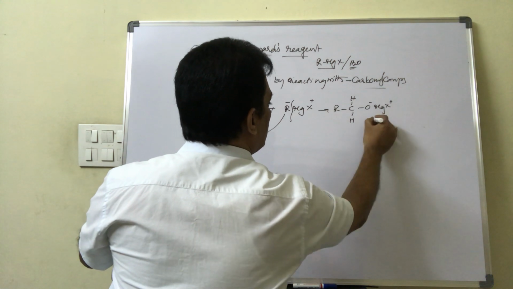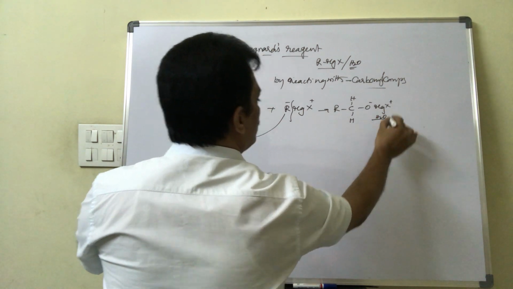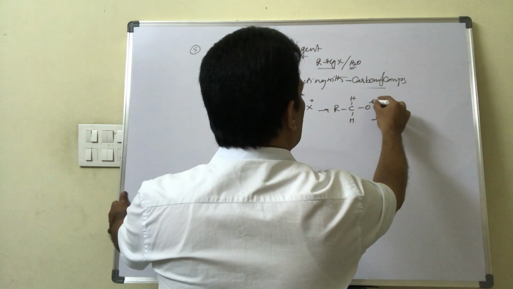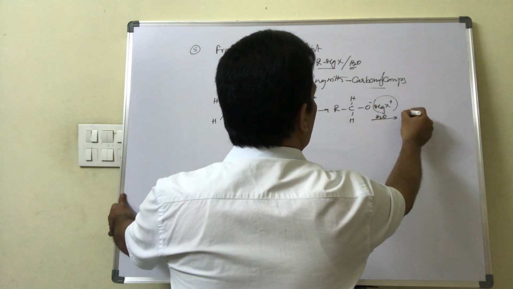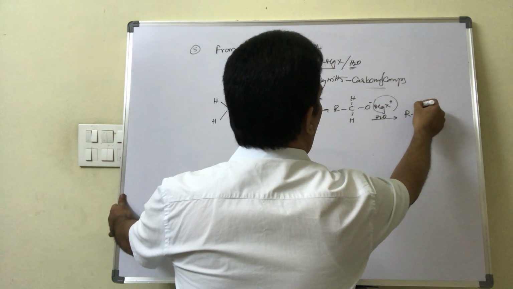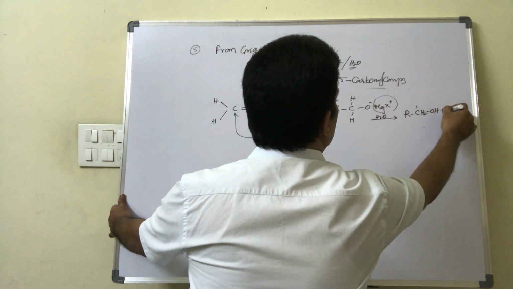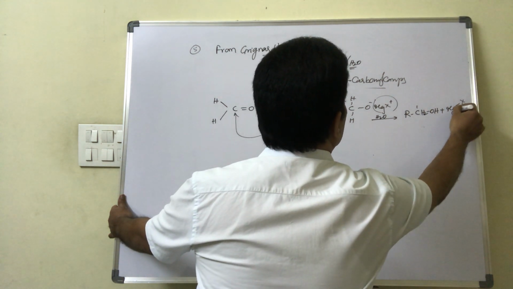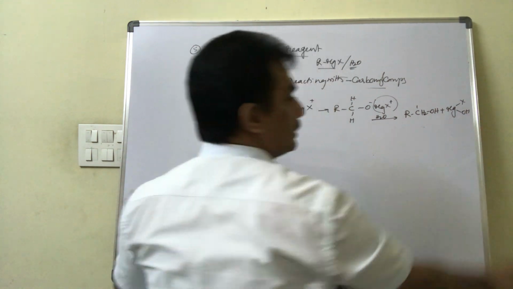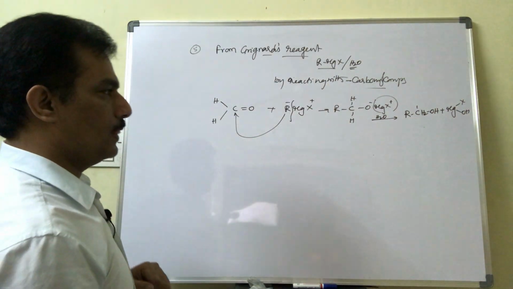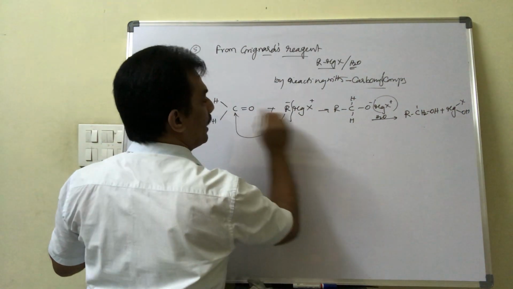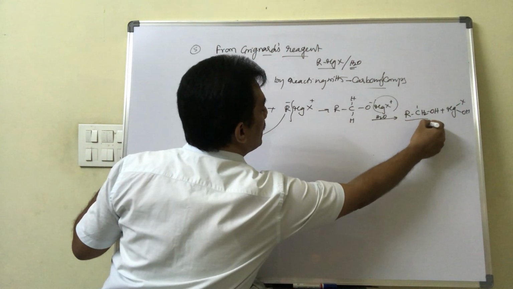And now when it is treated with H2O, this MgX is replaced by H plus like this, RCH2OH plus MgX(OH). Are you following? And that means here this formaldehyde is giving primary alcohol.